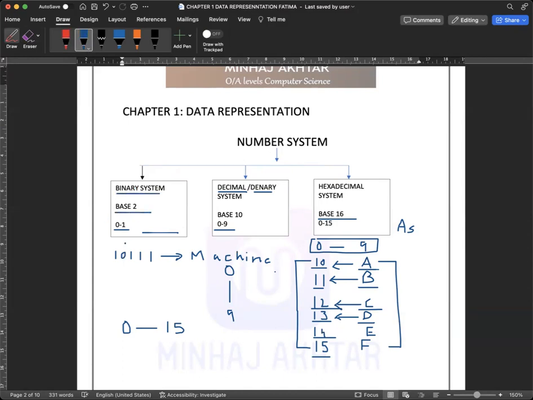Because it has only 2 numbers, 0 and 1. Binary language is also called machine language. Why? Because zeros and ones are purely a language of machines or computers. So this is the mother tongue of the computer, you can say, right?